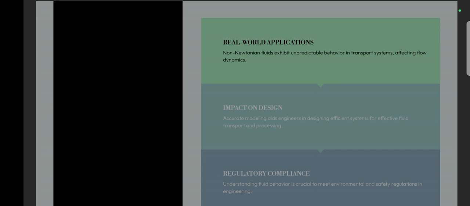These models provide more accurate predictions of fluid behavior, accounting for complex non-local interactions, memory effects, and time-dependent characteristics. By enhancing the understanding of how non-Newtonian fluids behave under different conditions, these models lead to more efficient, optimized, and reliable designs.